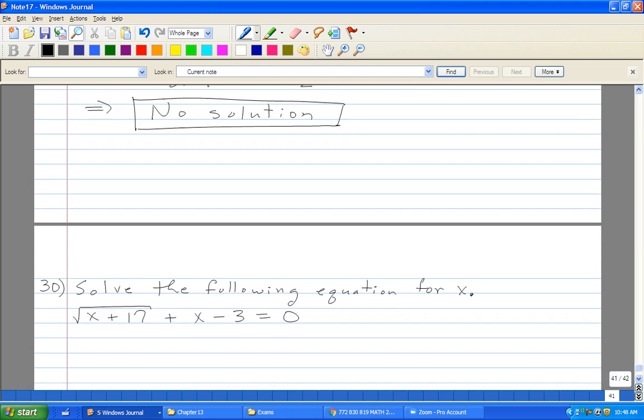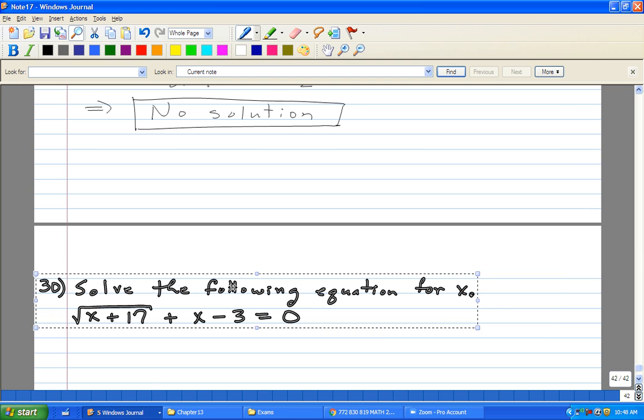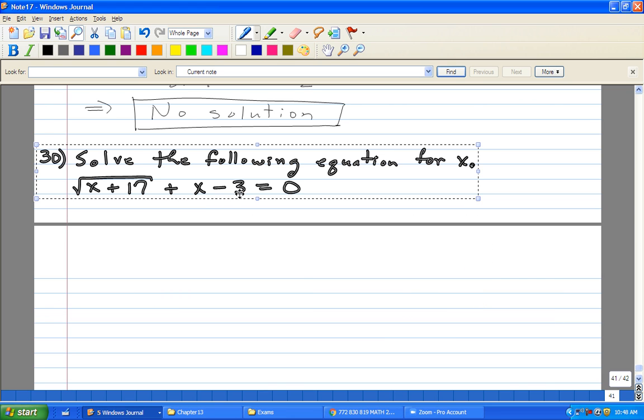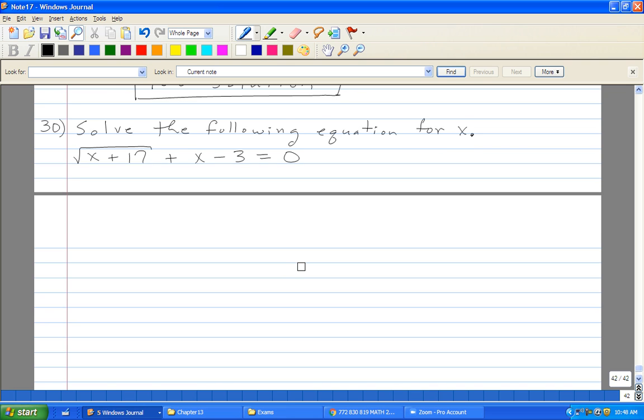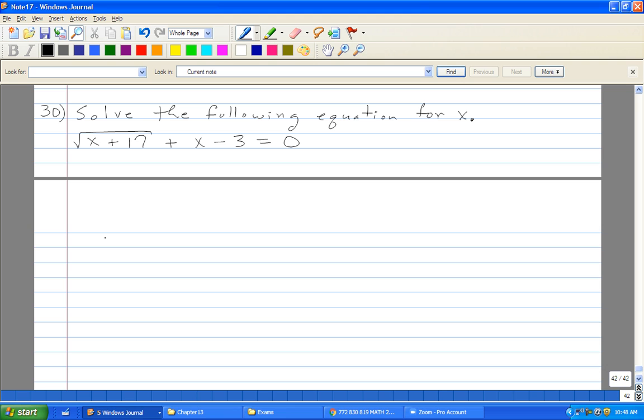Okay, let me do problem number 30. Okay, and so let me try to solve for the radical, to isolate the radical on one side of my equation. So add 3, subtract x from both sides of my equation, square both sides of my equation.